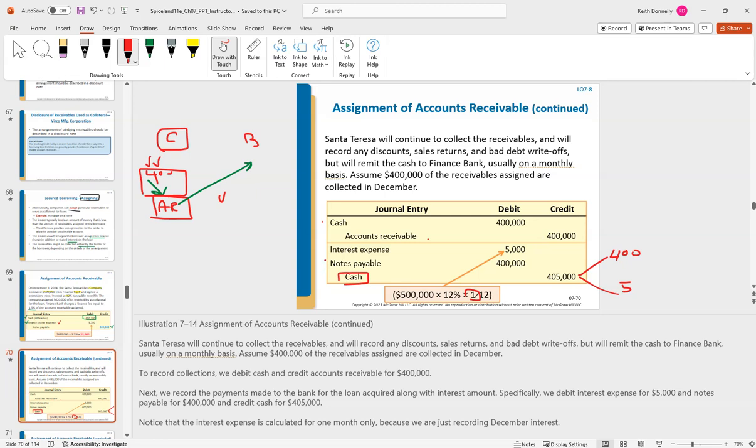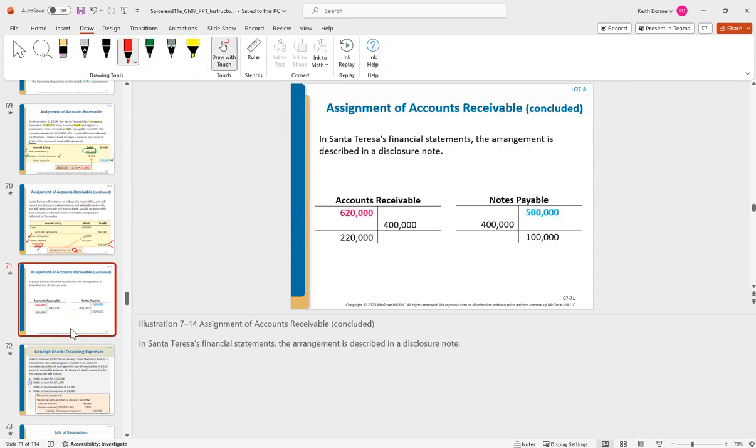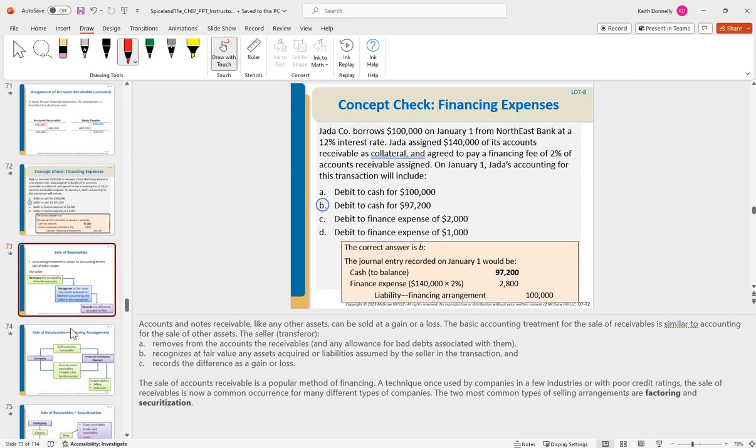So essentially we debit interest expense, debit notes payable for the 400, credit cash for 405. We didn't pay the note payable off in full. We still owe a remaining 100 on it. It was 500, but we paid 400. That's because we only got 400 from that customer. This is just showing you how that would be done in a T account.